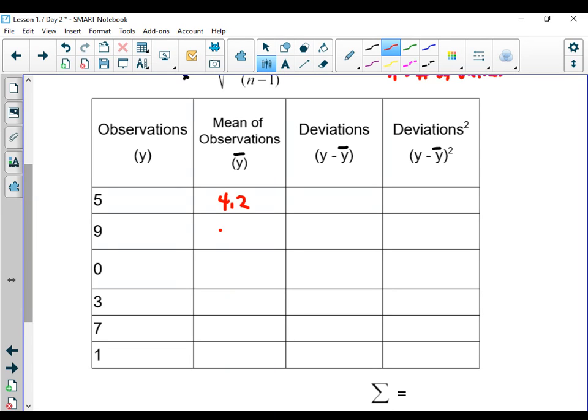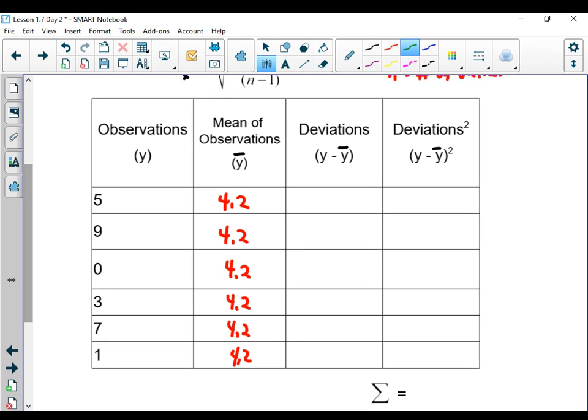Now that doesn't change, so that's 4.2 all the way down. All right, so again, that's something we've done before.